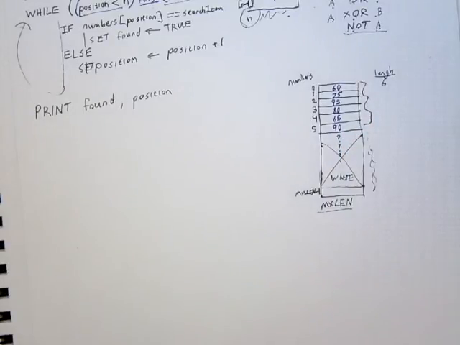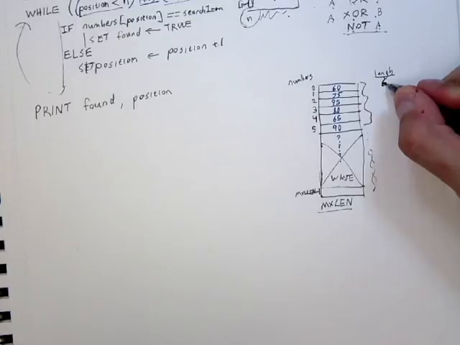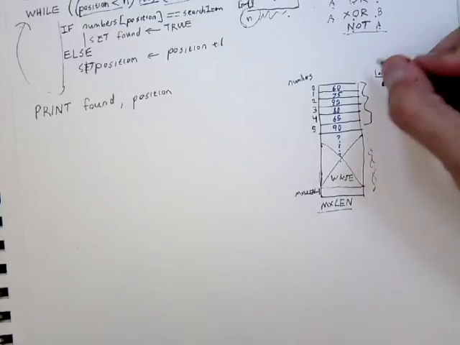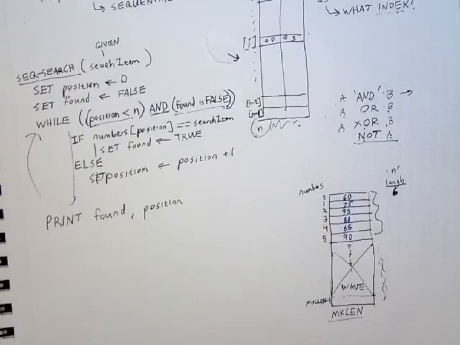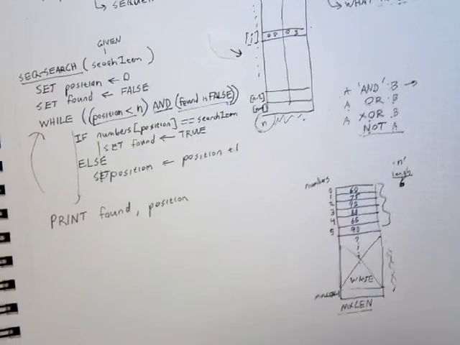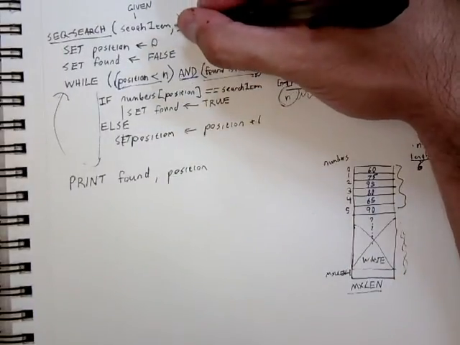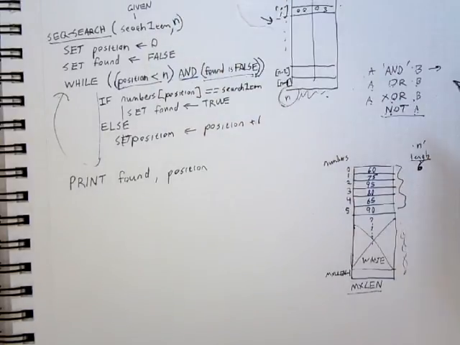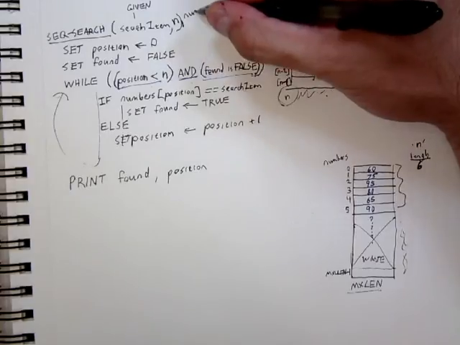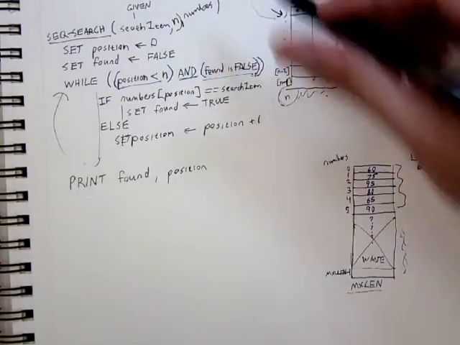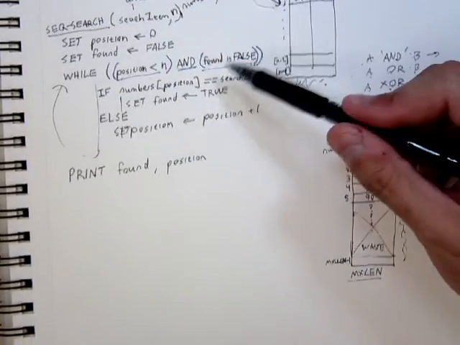All right, simple idea. If we're not using the whole array, we can use some other value to indicate what the length of the array is. I called this n. Your book calls it length. So when I was writing my pseudocode, you would be given not only the search item, but you probably also want to be given n, and maybe even the address of numbers. Sometimes it doesn't hurt to think about what you need in order to do this calculation.